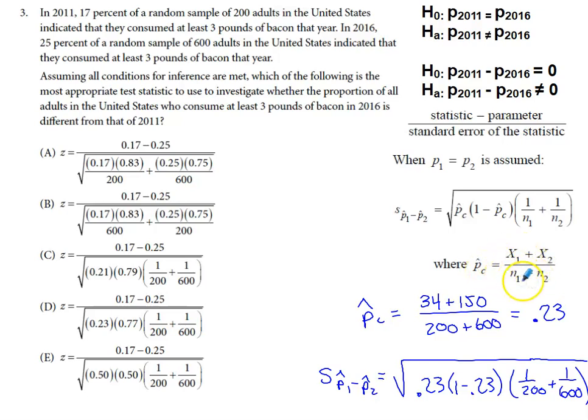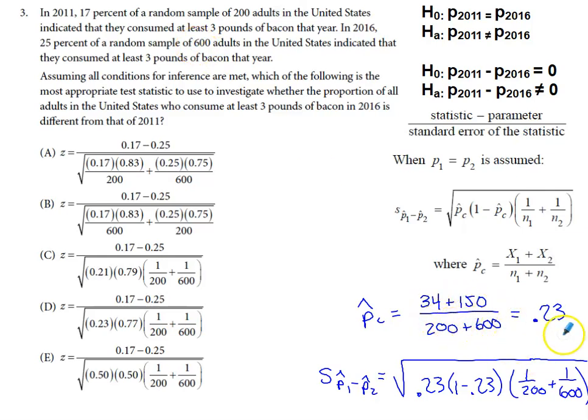So the formula for the pooled proportion is to take the raw count that responded yes from the 2011 sample plus the raw count that responded yes from the 2016 sample and divide by the sum of the two sample sizes. So you do have to do a little bit of work to realize that 17% of 200 is 34 and 25% of 600 is 150, but that's pretty straightforward to do.